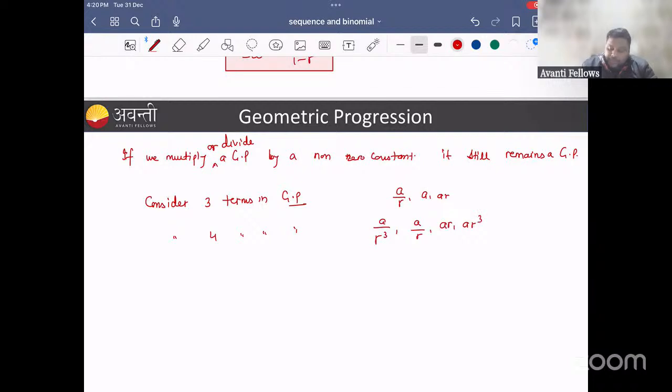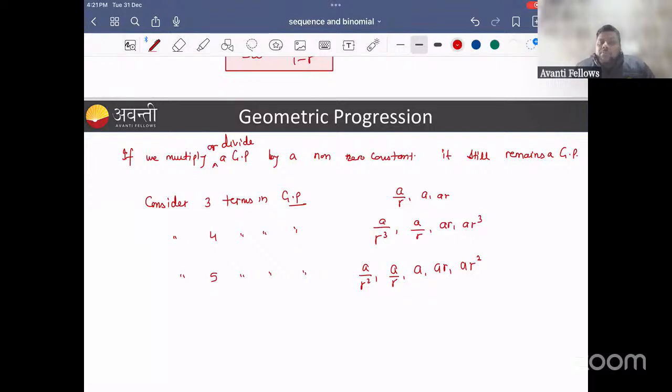And if I have to consider five terms in GP, they should be a by r square, a by r, a, ar, ar square. The prime purpose behind this kind of assumption is, if in a question they are asking about three or four terms in GP and their product is given, only then is it worth considering these terms, so that you directly multiply and get the value of a.